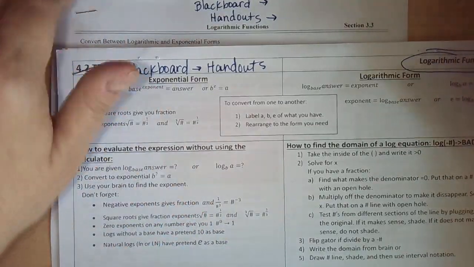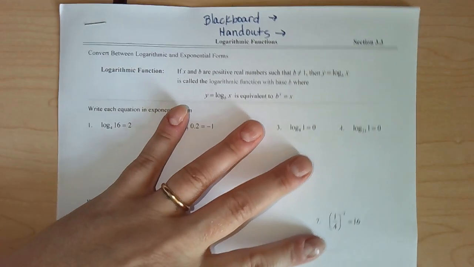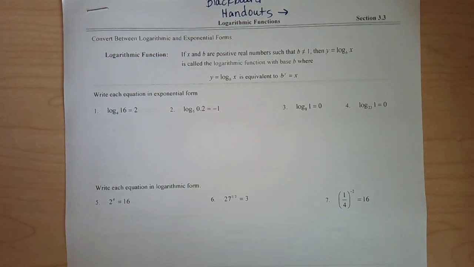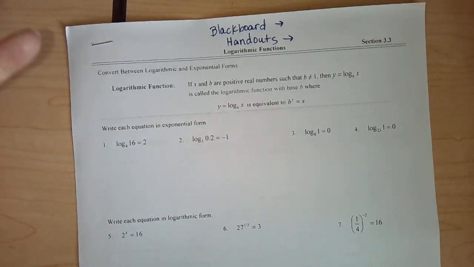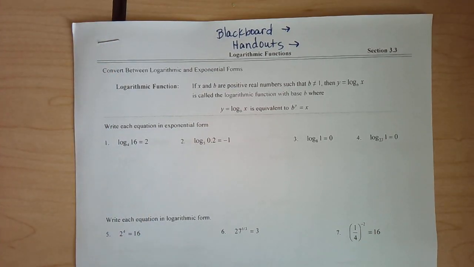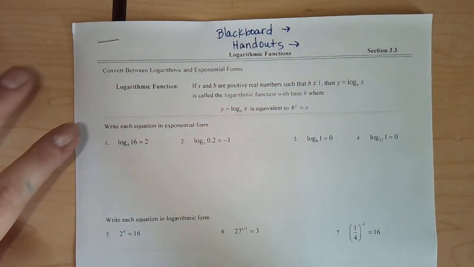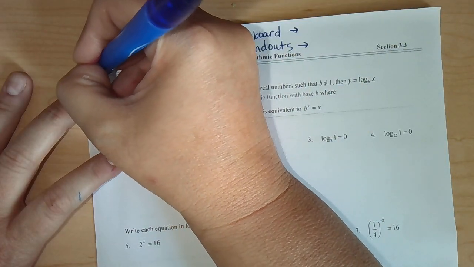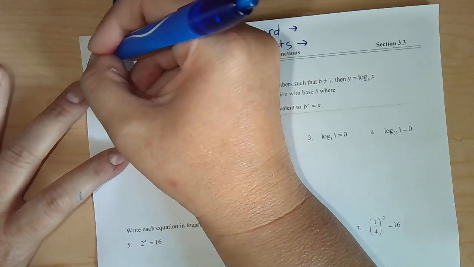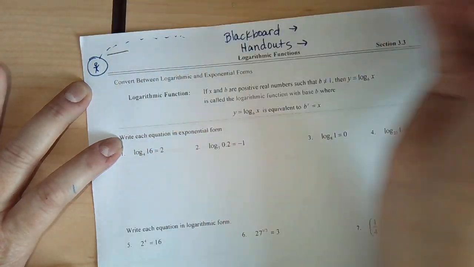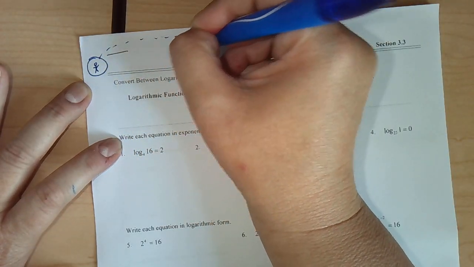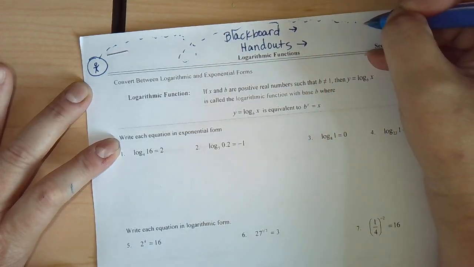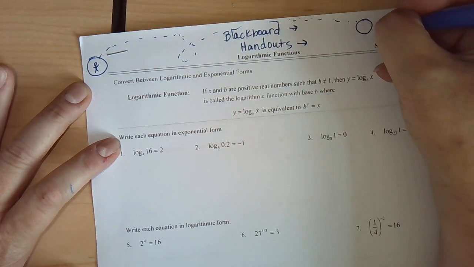Okay, the best way I can explain logarithmic functions is it's an easier way for us to write numbers. Really, really big numbers and really, really small numbers. Like, let's say I'm here on Earth and I want to travel all the way to Mars.